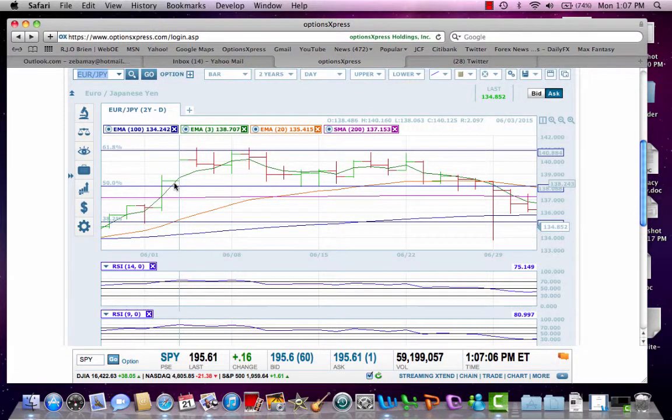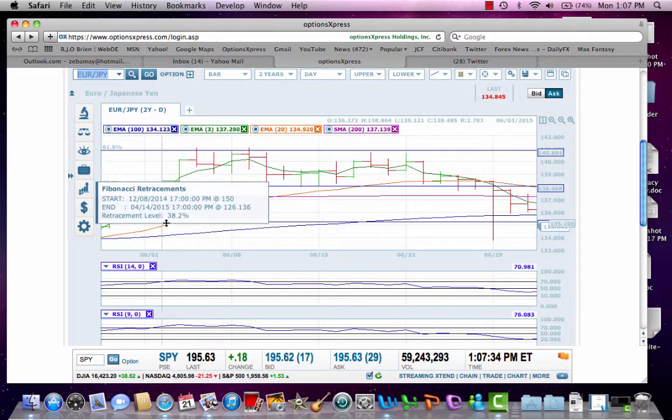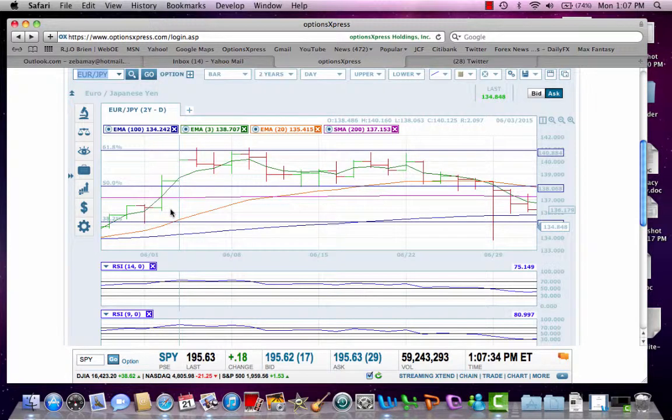Okay, so as we can see, the market is trending higher in Euro Yen. Moving averages are well below price. You can see I have a 20-day moving average, which is this orange line, and this other moving average, which is a 200-day moving average. We're well above them, trending higher.